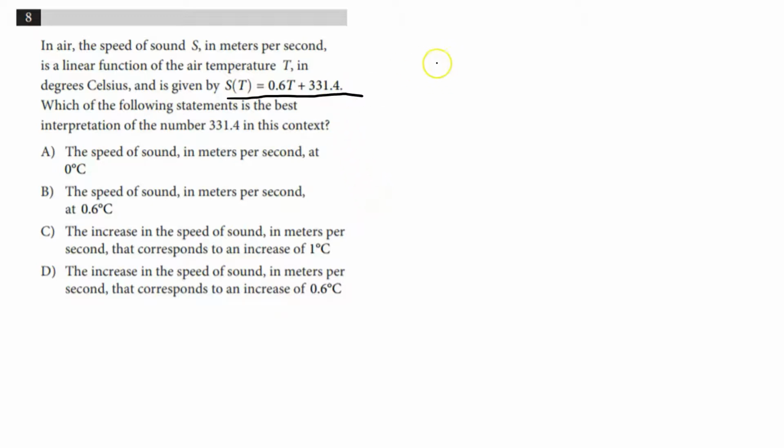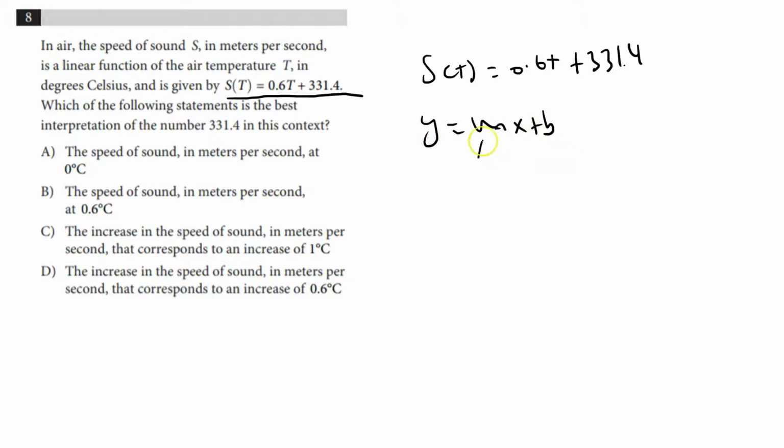Well, this s of t is stated to be a linear function, and every linear function has the form y equals mx plus b, where m is the slope and b is the y-intercept. And if you've watched some of my previous walkthroughs, a lot of the time these y-intercepts in modeling or application problems are initial values of something.